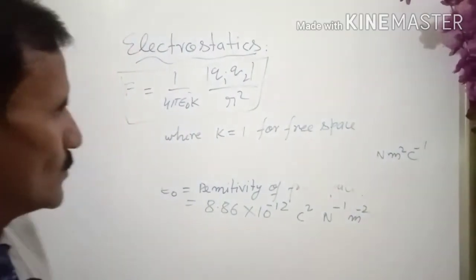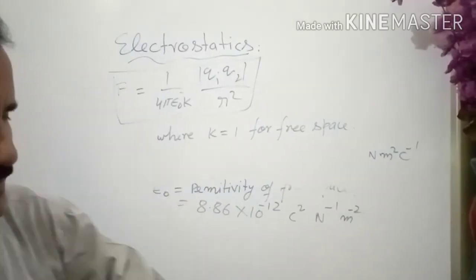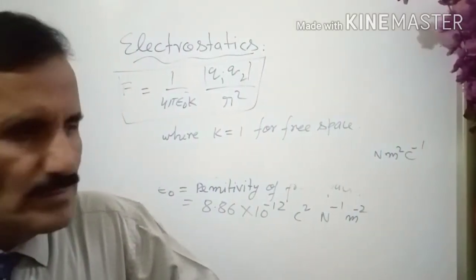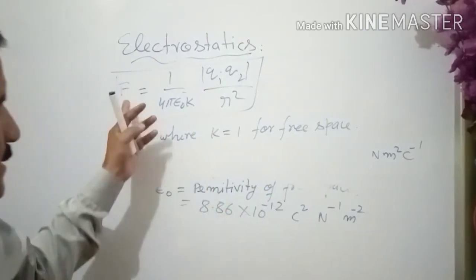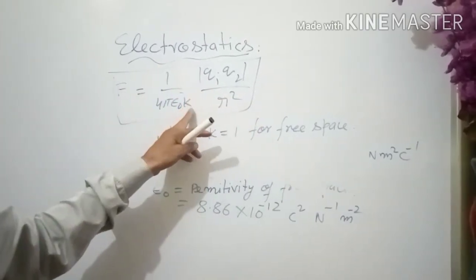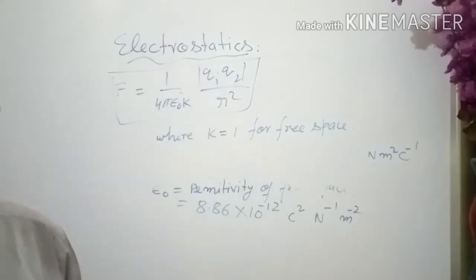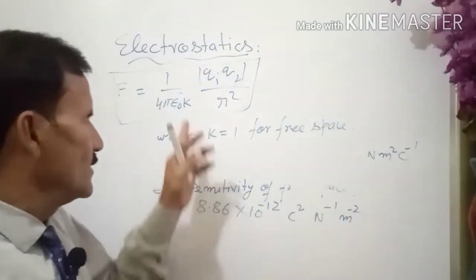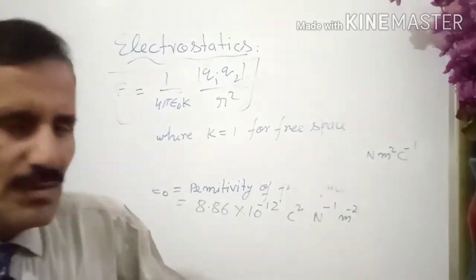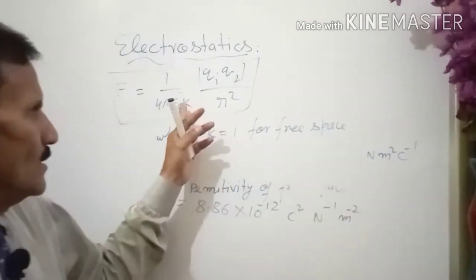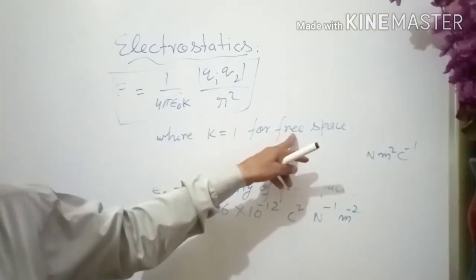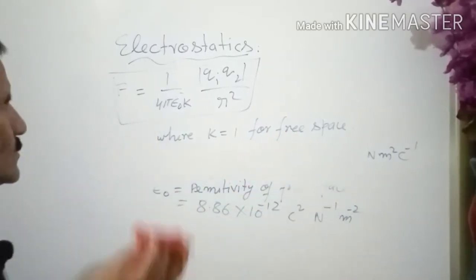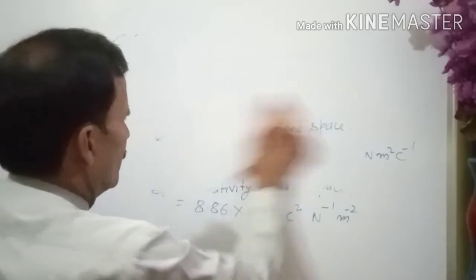This was the law given by Coulomb. He did not take any vector consideration, and originally there was no K either, but we are taking it because we are studying K, so he got the expression for free space.